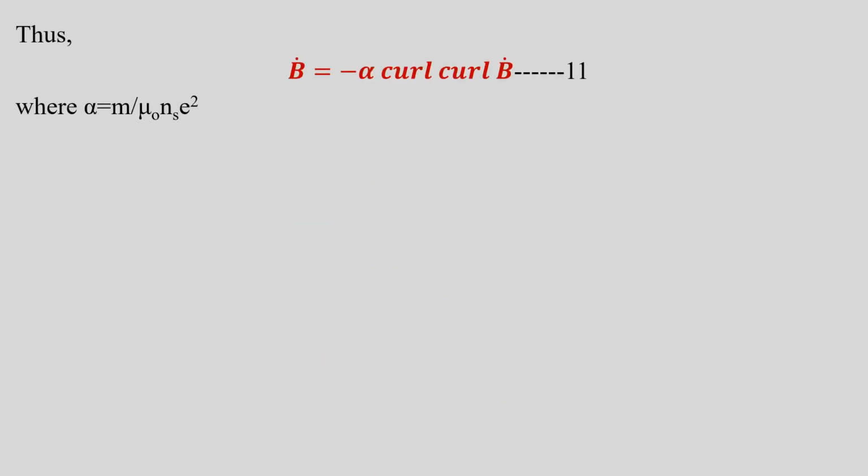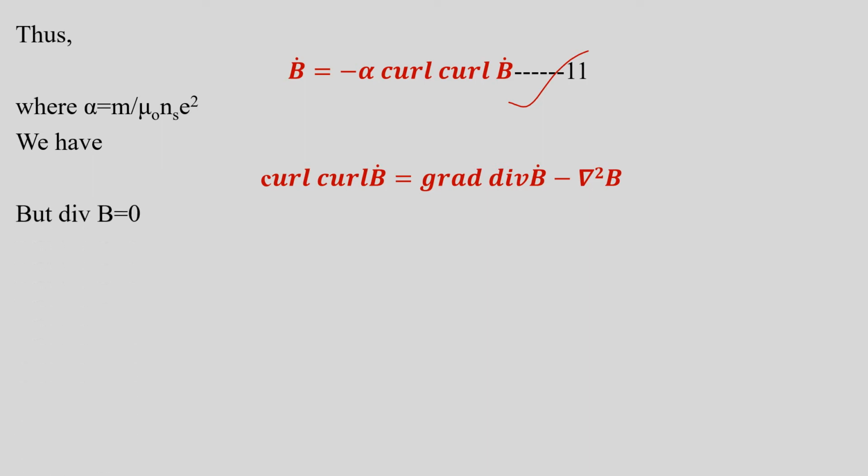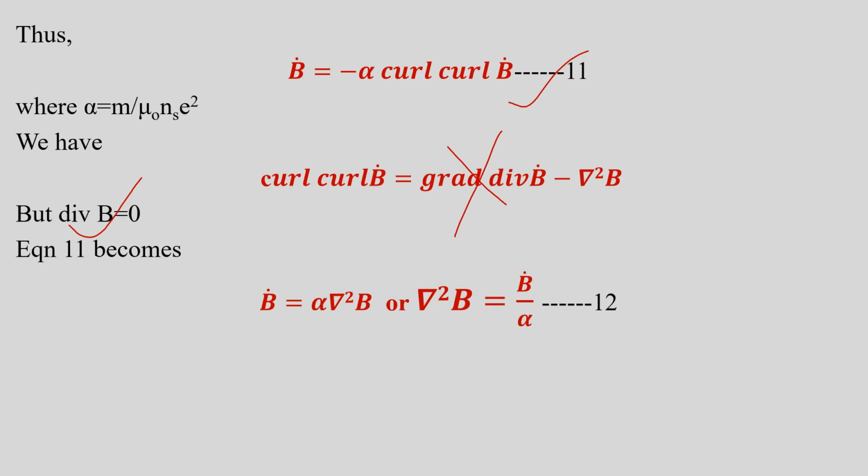If we substitute alpha equals m by mu 0 ns e squared, we get B dot equals minus alpha curl curl B dot. Curl curl B dot can be expanded as grad div B dot minus del squared B dot. According to Maxwell's equation, div B is equal to 0, so this term becomes 0. Thus, equation 11 becomes B dot equals alpha del squared B dot.